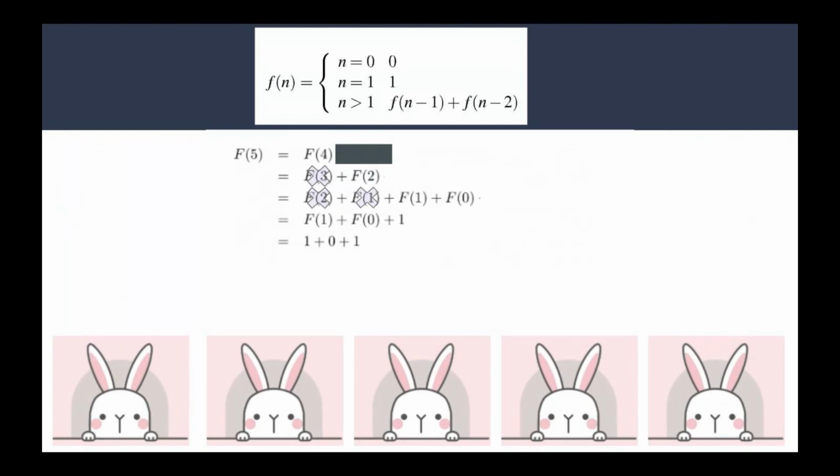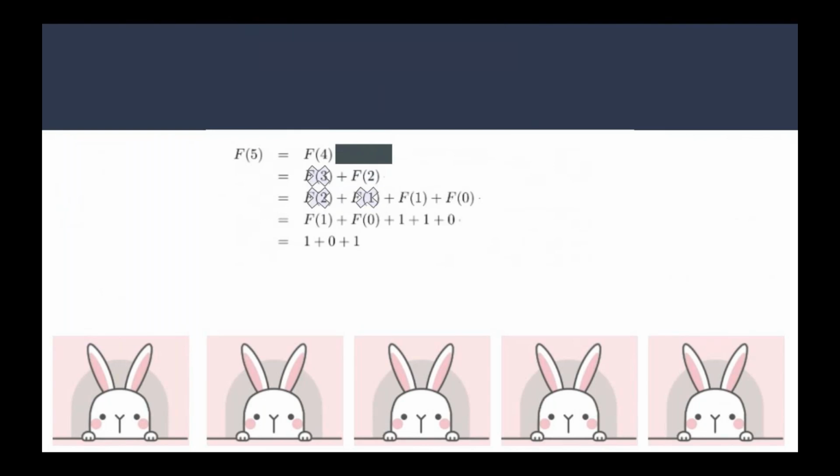I think you guys are getting it, right? We replace f of 1 with 1, f of 0 with 0, trickle that down. Those are done. This one's done. And guess what? We have now finally completed what f of 4 is.